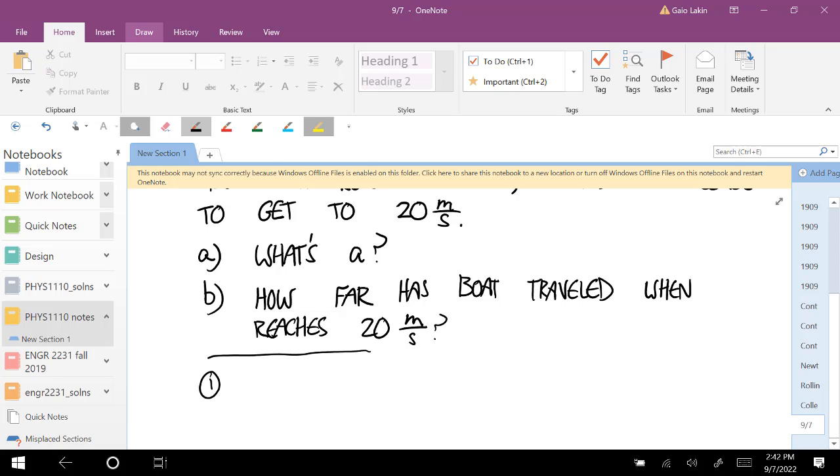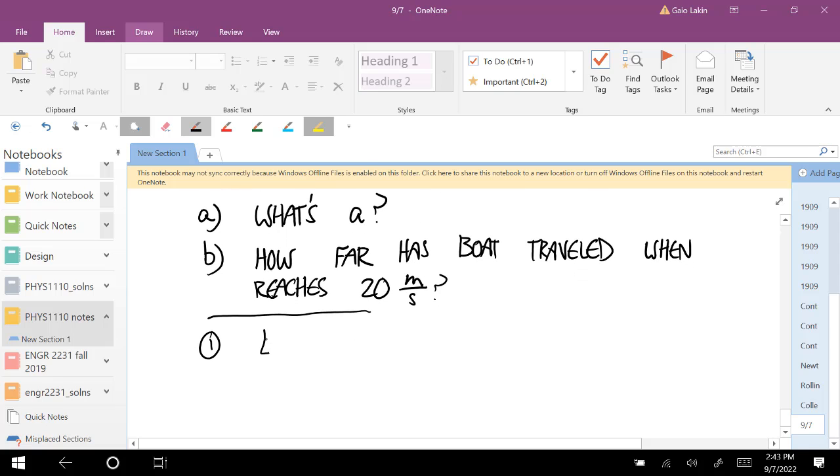Okay, so in this case, the instant where we know stuff and the instant where we're trying to find stuff are when the boat is at rest and it just starts its acceleration, and when it reaches 20 meters per second. So those have to be our time equals 0 and time final. There's no other choices. Any questions about that?